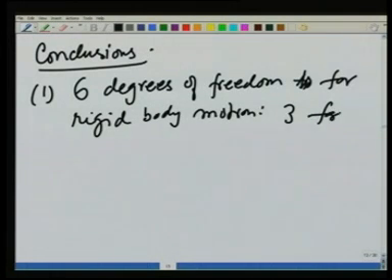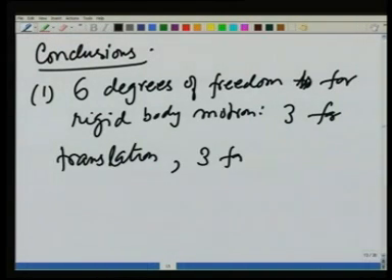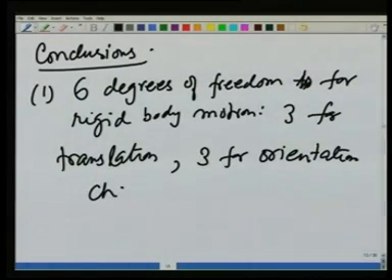Three for translation, and three for orientation change. The tremendous reduction in the degrees of freedom comes because there is a constraint of two particles being at the same distance no matter what the motion is.